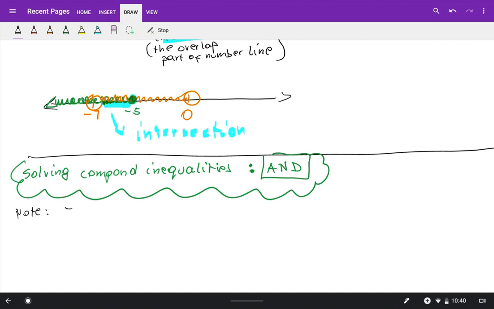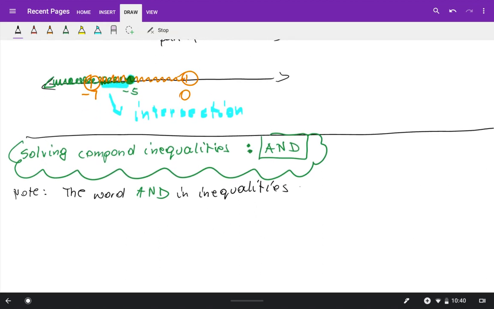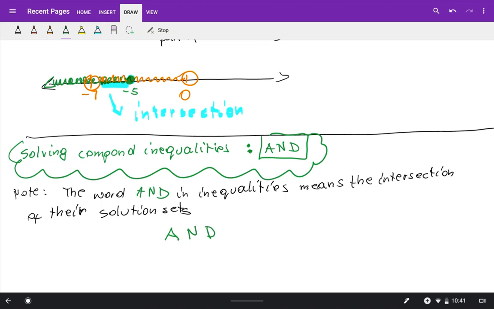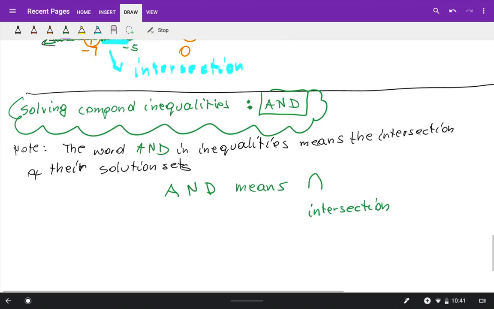Note the word "and" in inequalities, but also in probabilities too, means the intersection of the solution sets. Okay, so the word "and" technically has the same meaning, means intersection. Okay, we know that symbol already, intersection.